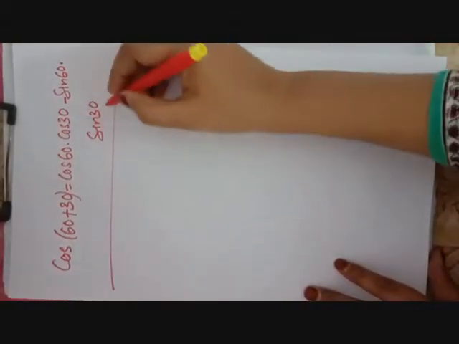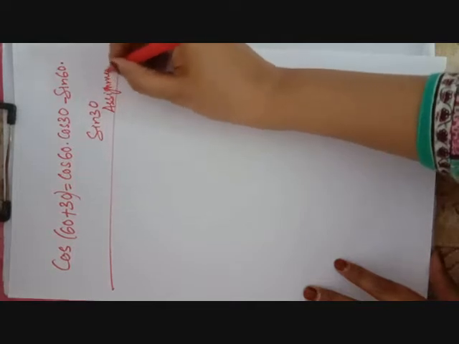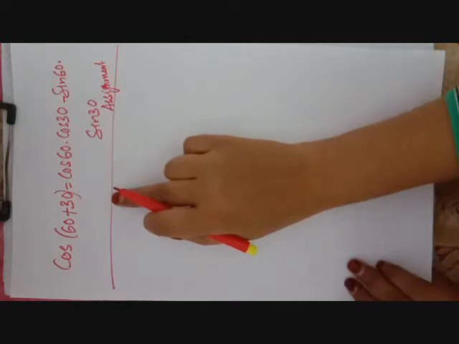I hope you can do this. You have to just put the values, simplify, get the answer and conclude. This is your today's assignment. You have to solve this, simplify this and get the answer.